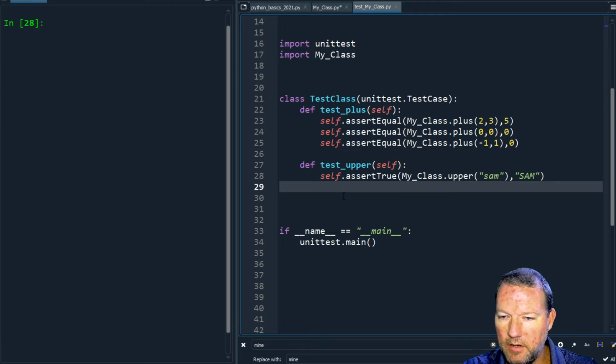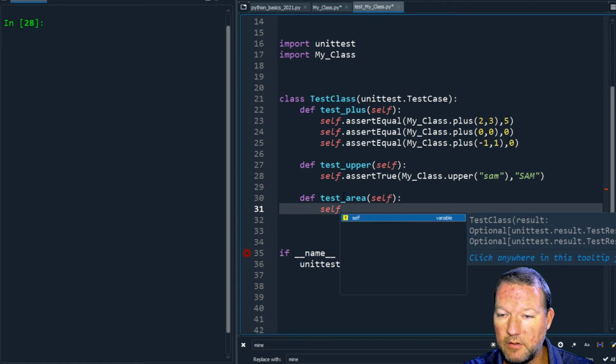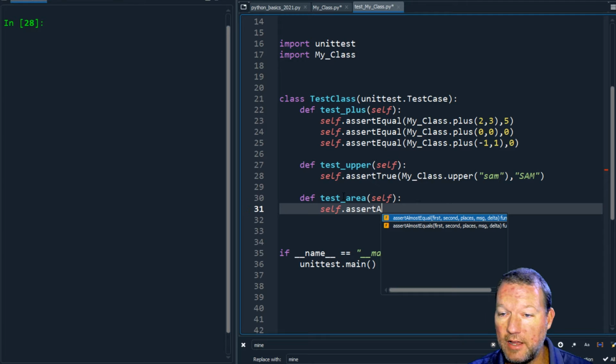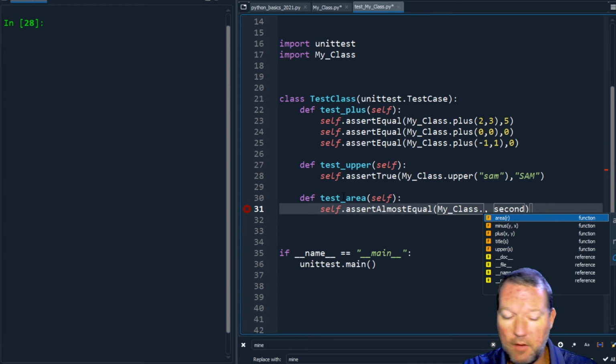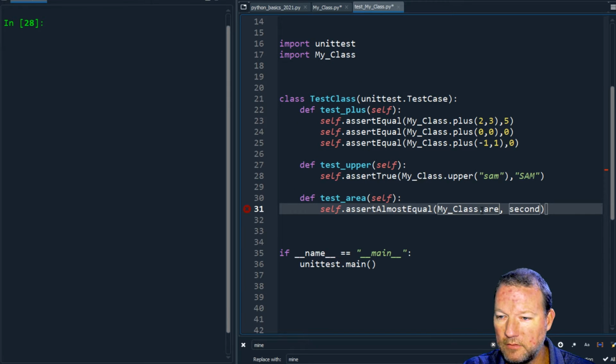We need to get over here, then test_area(self), just like always, then self.assert, and just like assertTrue and assertEqual, this would be capital AlmostEqual. This is standard form: my class, and then which one are we looking at? We're looking at area.